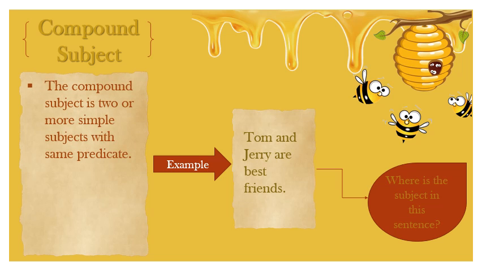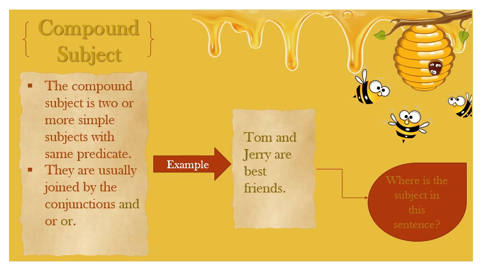The compound subject is two or more simple subjects with the same predicate. If you notice, Tom and Jerry are doing the same action, they have the same predicate, are best friends. Tom and Jerry is the compound subject because I have more than one simple subject and they are usually joined by the conjunction "and" or "or".